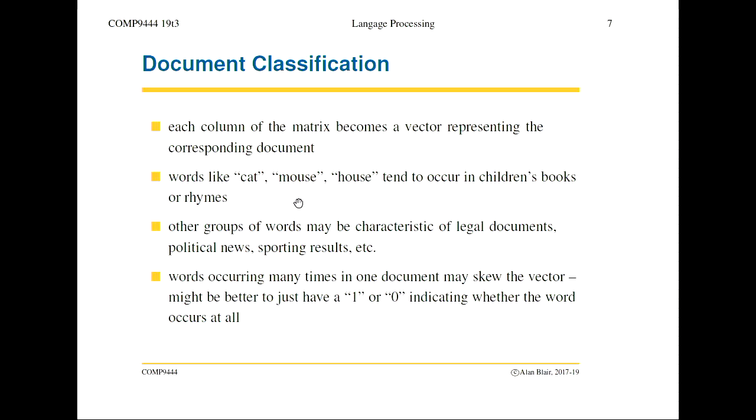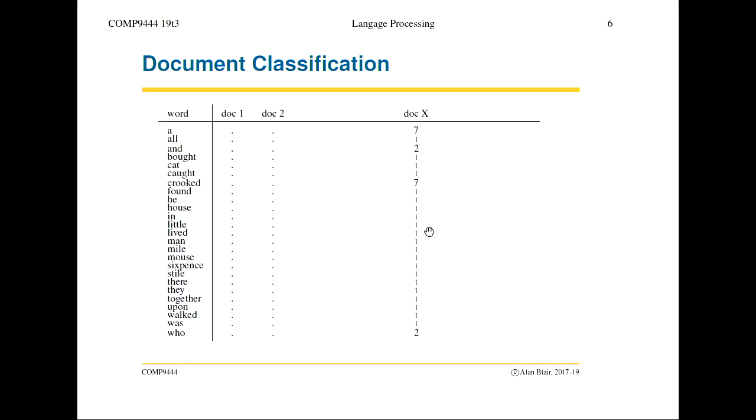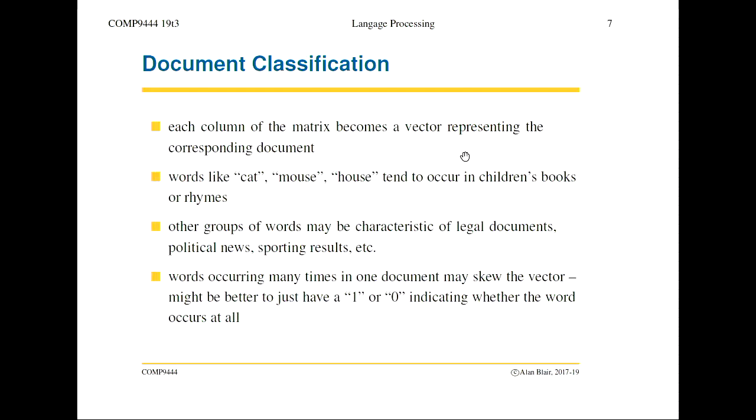But there'll be other words that often occur in legal documents, or political news, or sporting, or whatever. So you should be able to tell what type of document it is from this matrix. Basically, if the values for certain words are high, then you would be likely to classify this document in a particular way.